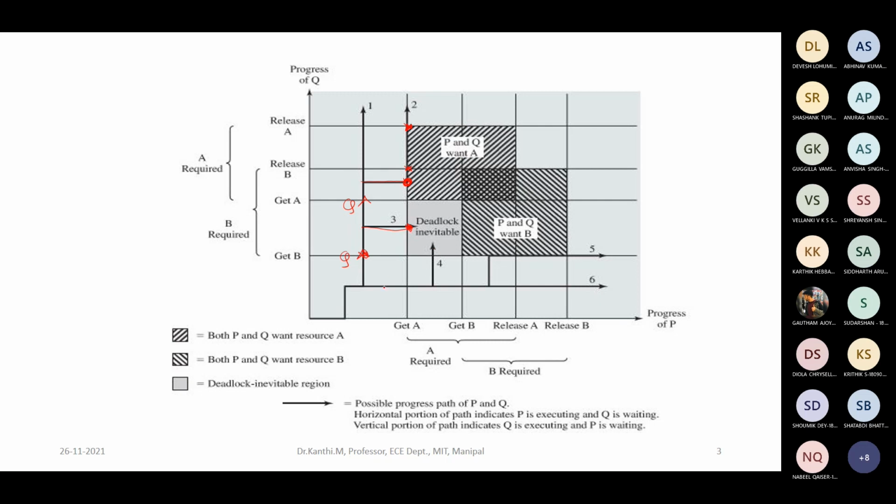Finally, these are the ones in the shaded diagram, which show that P also wants A, and you can see that Q also wants A. So let me rub this.